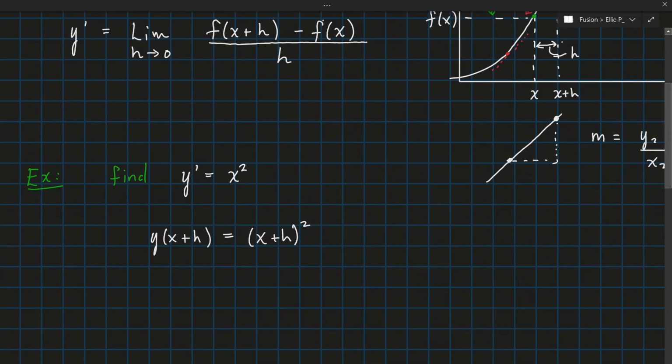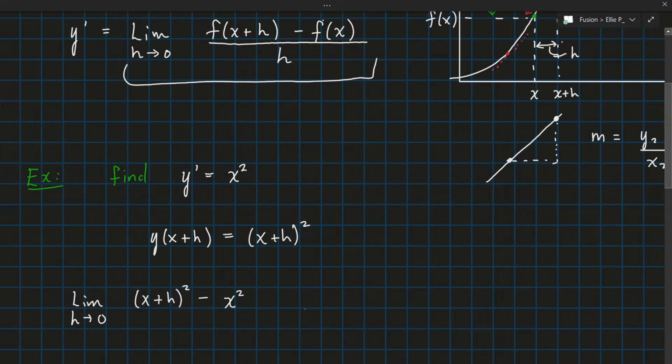And then you just plug it into this formula here. So the limit as h goes to 0 of f of x plus h, which is x plus h squared, minus f of x, which is just the normal function, x squared, over h.